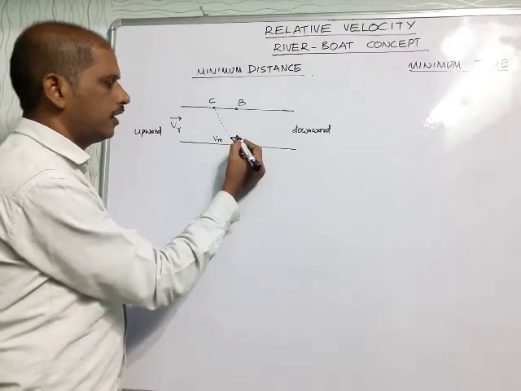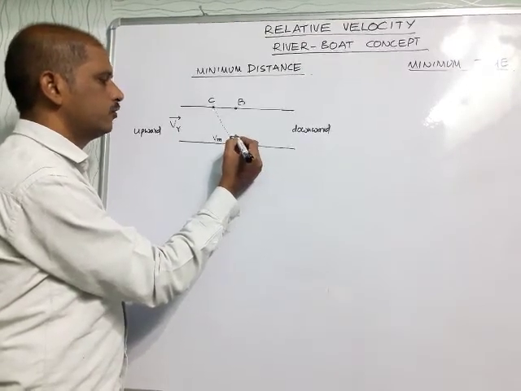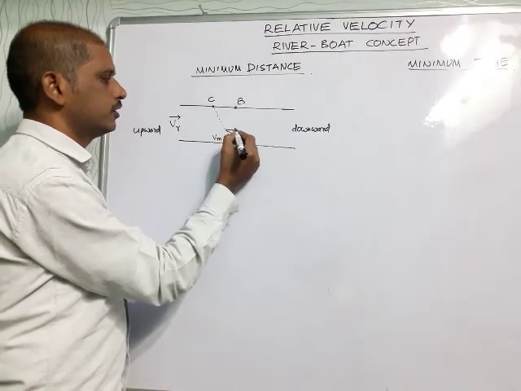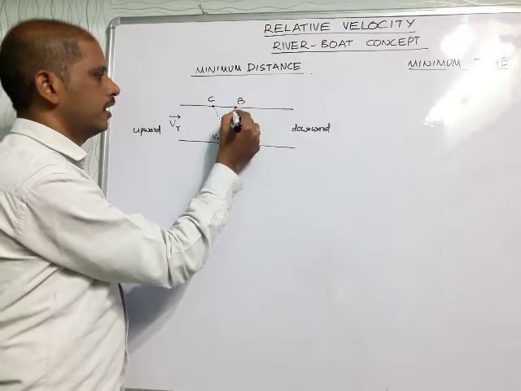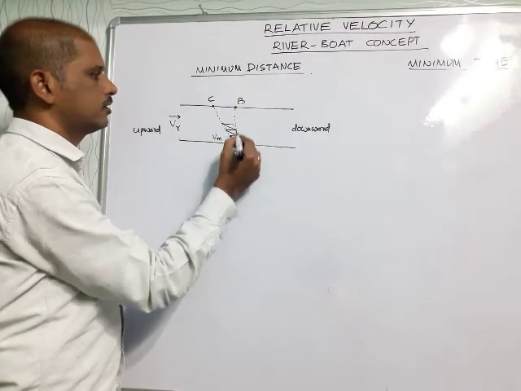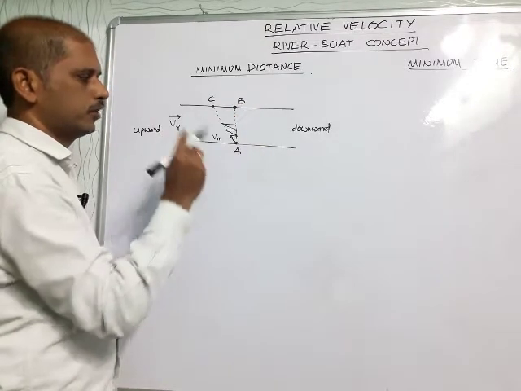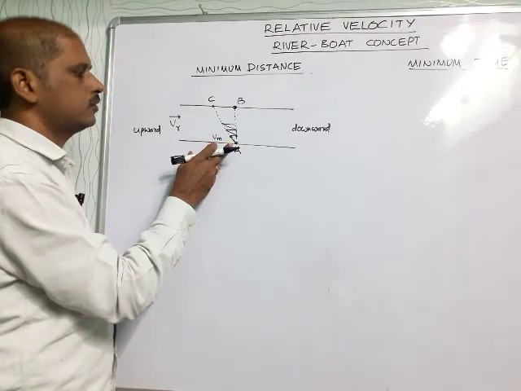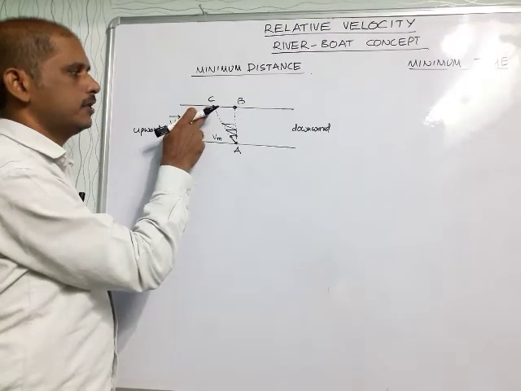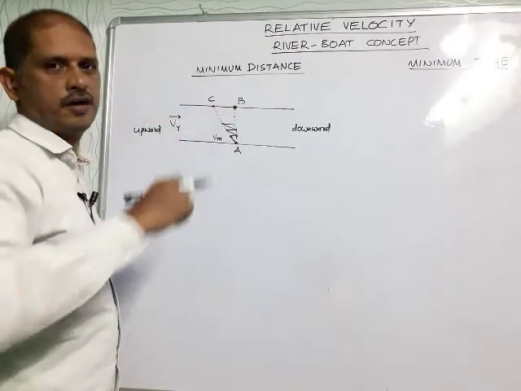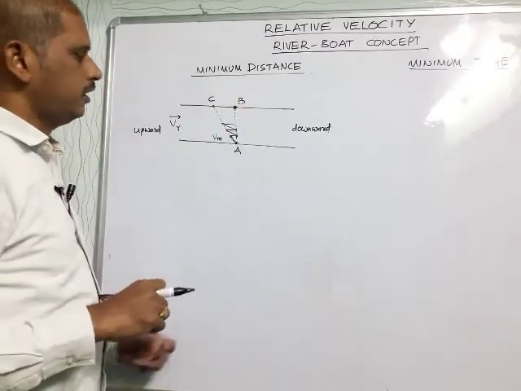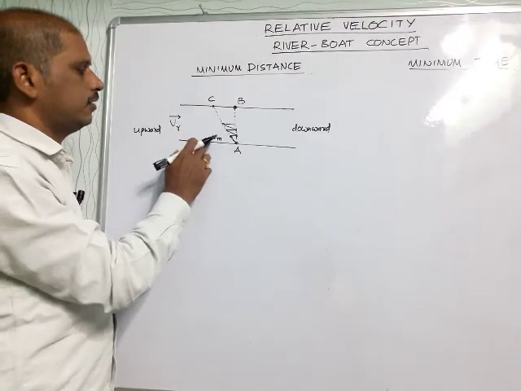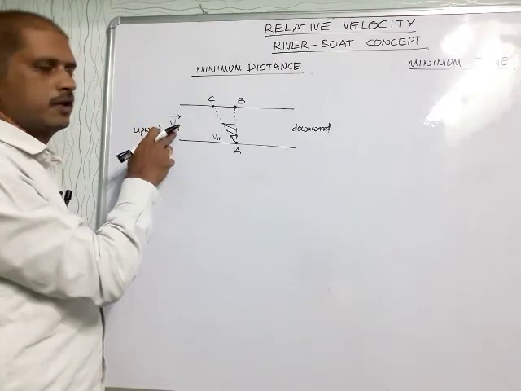Again he has to move in the direction, and he will be pushed. In this way he will move in this direction and can reach the exactly opposite point. The person has to try to reach the point C, then he can reach the point B, which gives the minimum distance. So this is the velocity of the person, this is the velocity of the river.